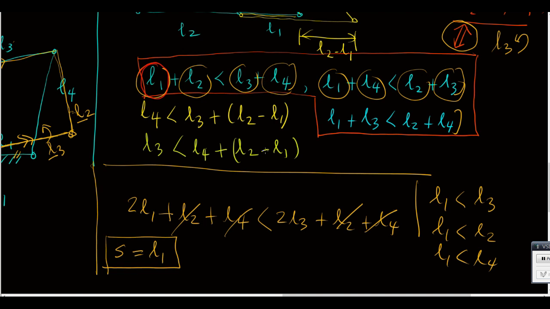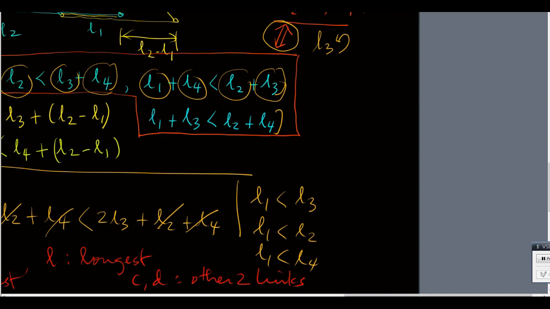Let that be just L. So then L1 plus the longest link is less than the sum of the other two. So let S be the shortest, and L be the longest, and C and D be the other two links. And that's Grashof's criterion.